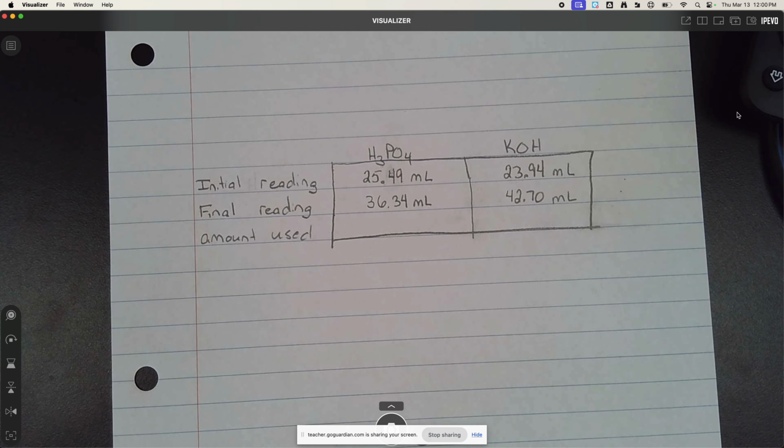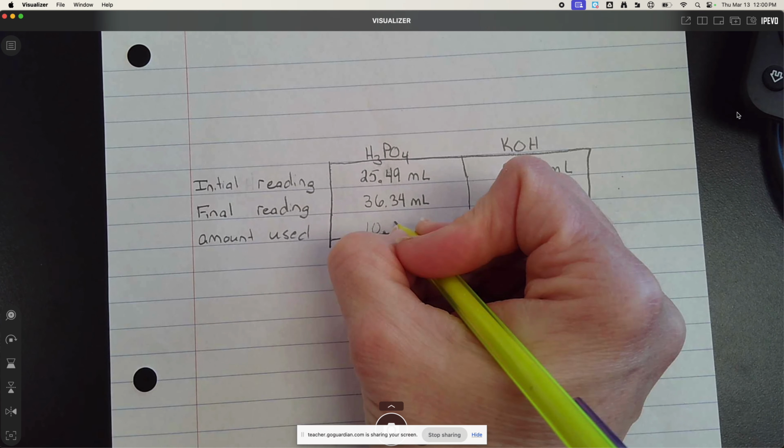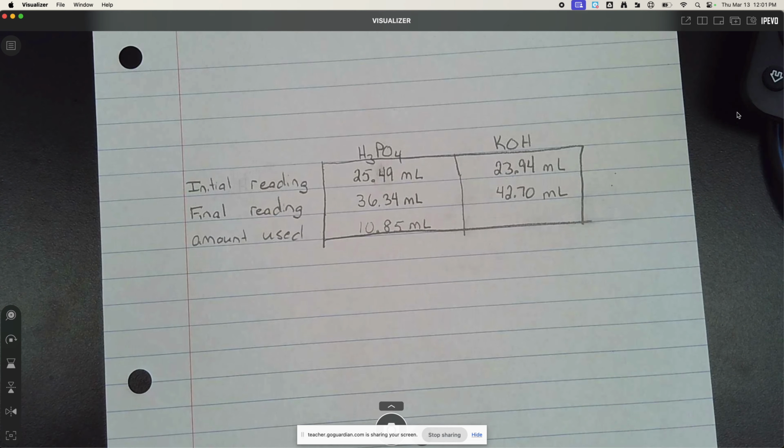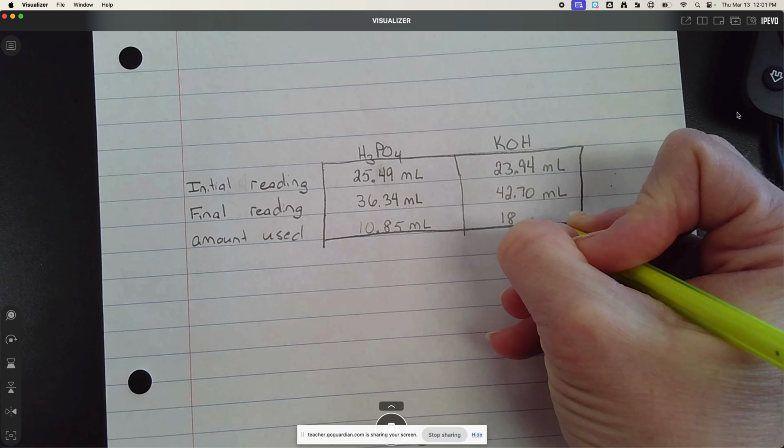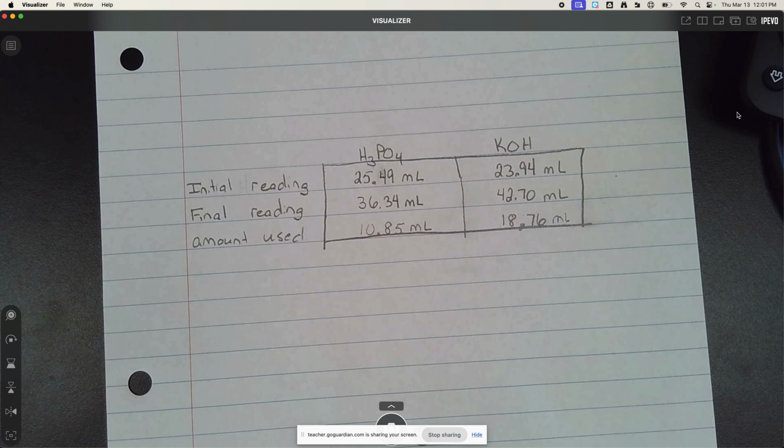Okay, for our amounts used here, we just have to do a little subtraction. .85 milliliters of the phosphoric acid, and .76 milliliters of the potassium hydroxide. Okay, good to go there.